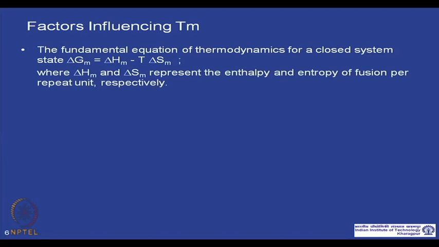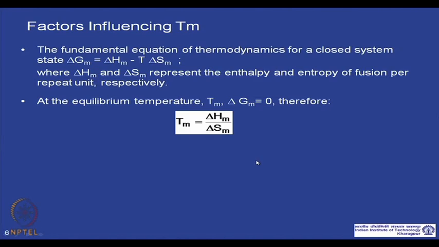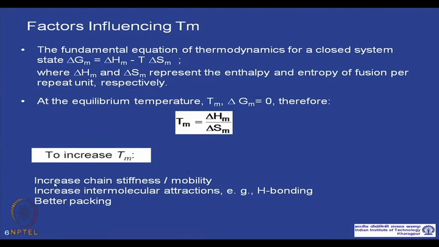So, this is what I discussed, that delta G m is delta H m minus T delta S m, where delta H m and delta S m are the enthalpy and entropy of fusion or melting per repeat unit, and at equilibrium delta G m is 0. So, to increase T m, we change chain stiffness or mobility.